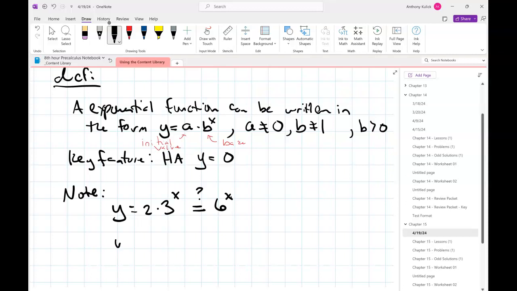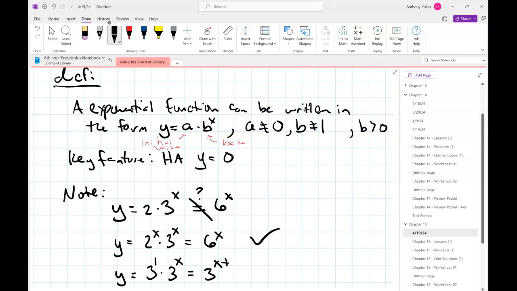If they have the same exponent, we can multiply the bases. And what's the other situation where we can multiply? If they have the same base, we can multiply by adding the exponents. Those two things are fine. But if the bases are different and the exponents are different, no bueno, nothing you can do.